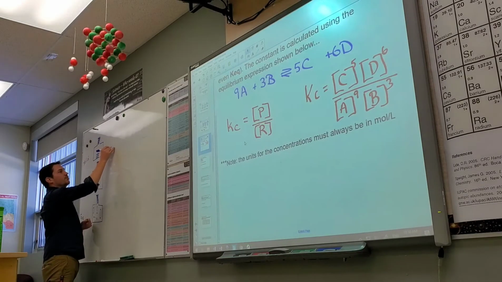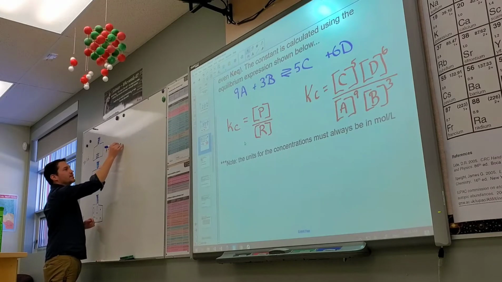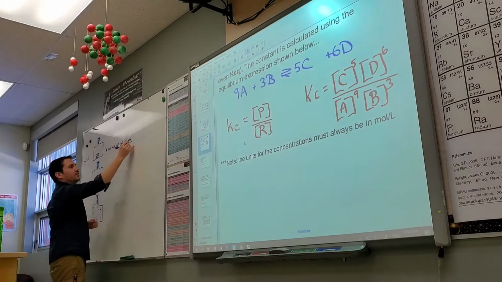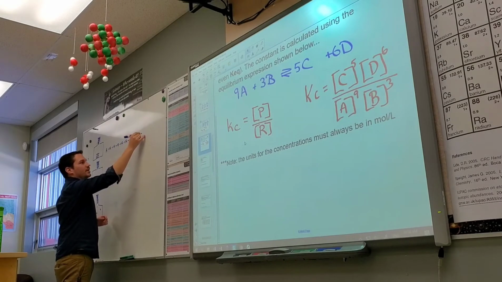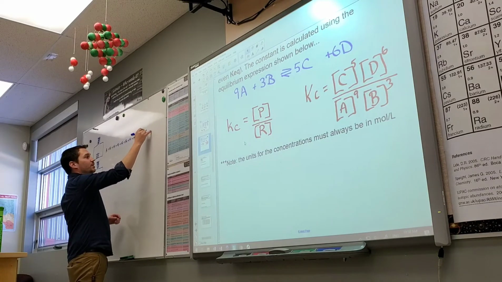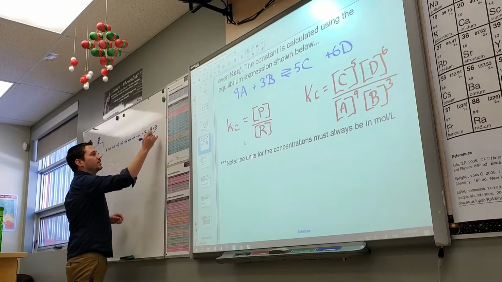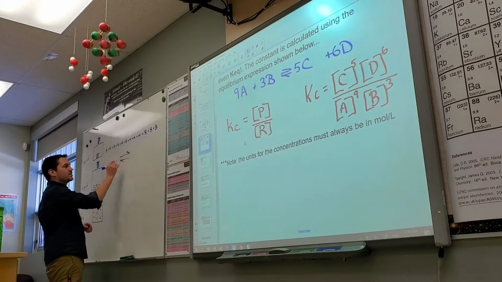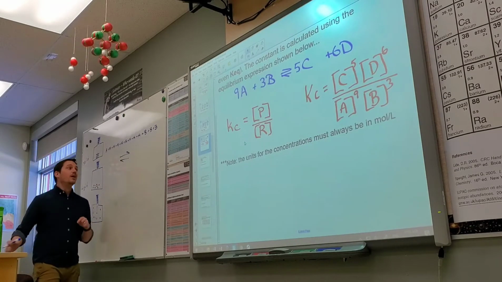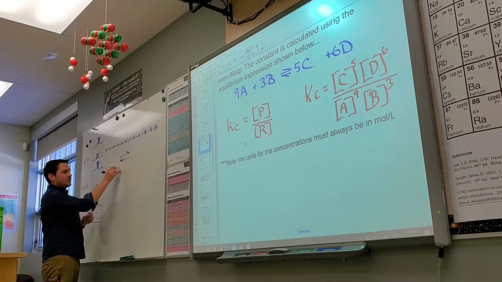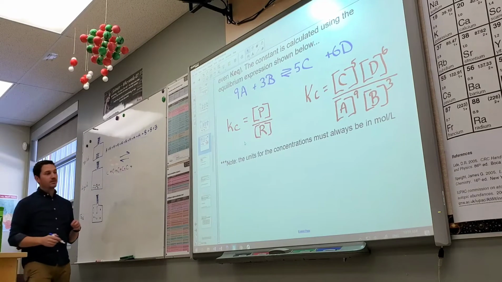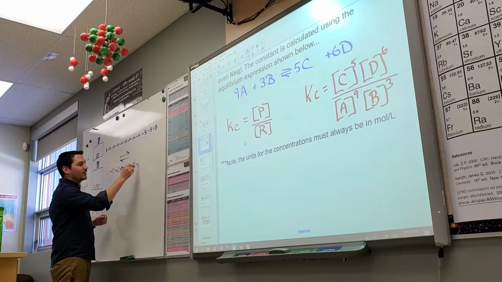A plus A plus A plus A plus A plus A plus A plus A plus A. And how many B's are reacting together? 3. B plus B plus B is in equilibrium with, how many C's is it making? C plus C plus C plus C plus C. And how many D's are we making? 6.